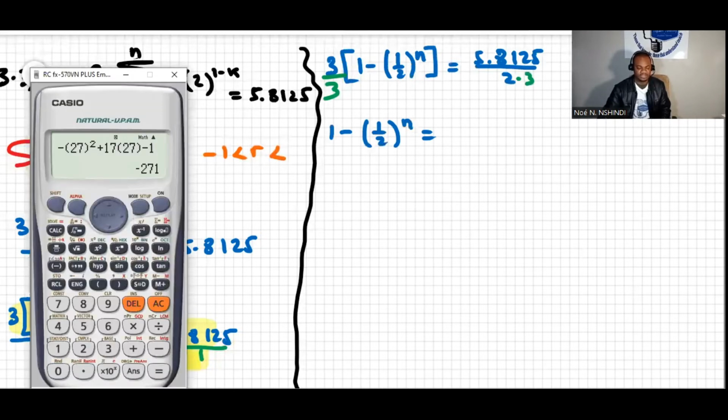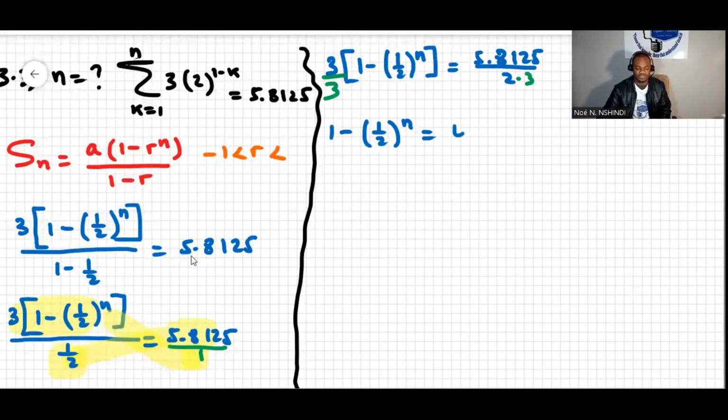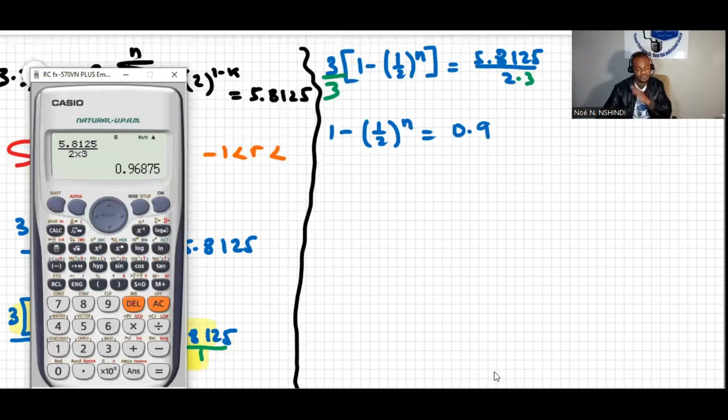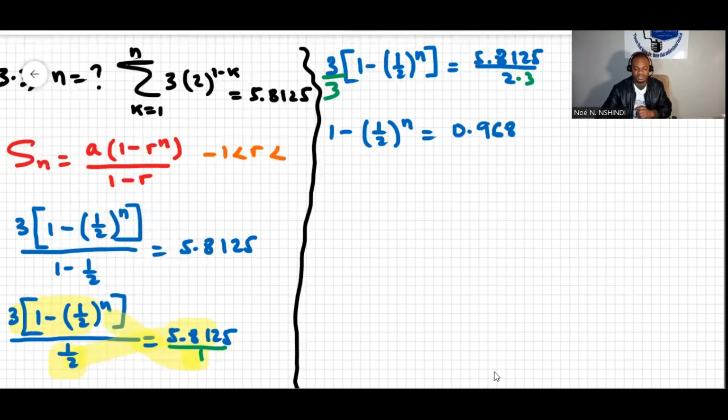We can calculate that. We have 5.8125 over 2 times 3, and that's equal to 31 over 32, which is 0.96875. So if I move the 1 over, that will be negative a half to the power of n equal to 0.96875 minus 1.